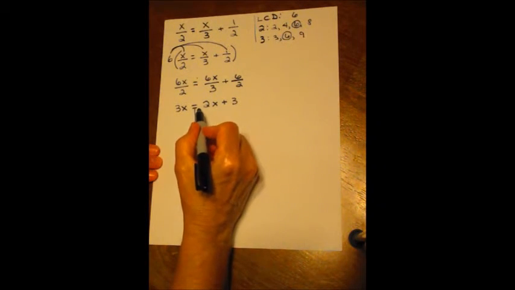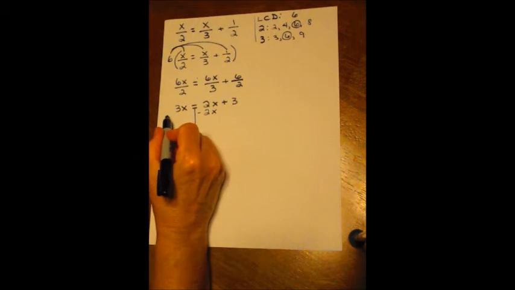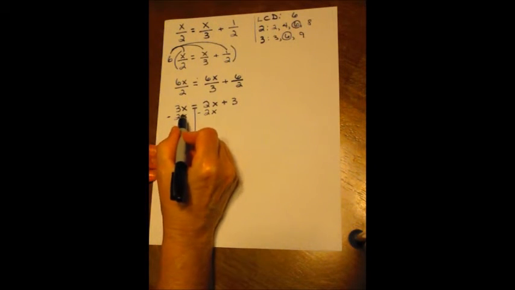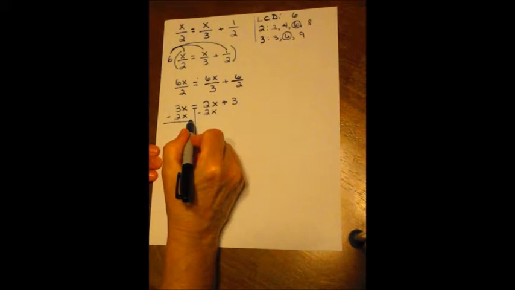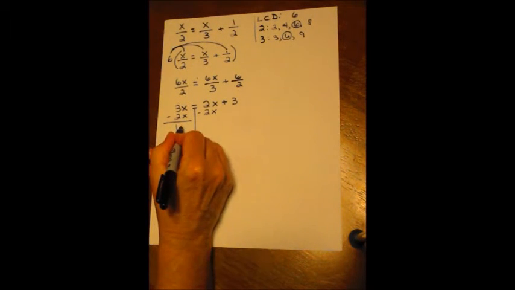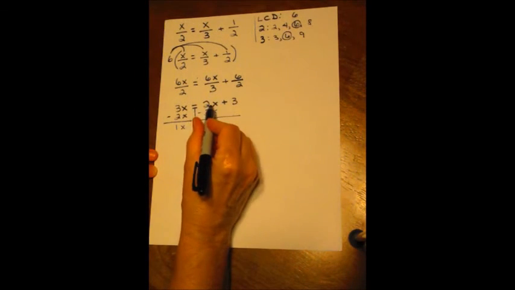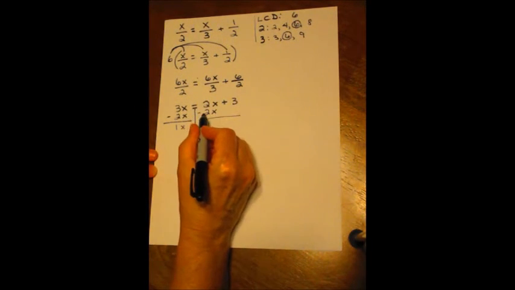So that means that to do the opposite of a positive 2, I need a negative 2x, and I need it on both sides of my line. So on the left side, I'm doing 3 minus 2, which is 1x. On the right side, 2x minus 2x, 2 minus 2 is 0.